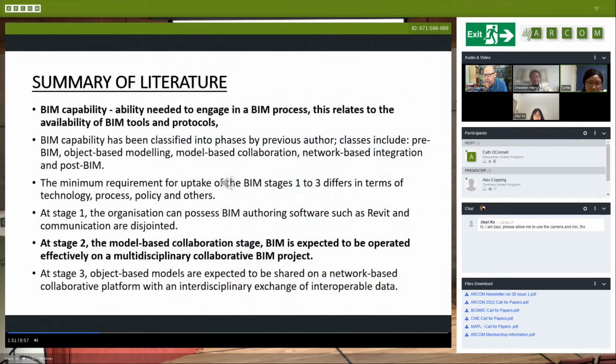Summary of literature. Among other information found in the literature, BIM capability was described as the ability needed to engage in a BIM process. This relates to the availability of BIM tools and protocols. One important thing as well is the description of stage 2 of BIM, which is the model-based collaboration stage, and that is the focus of this study.